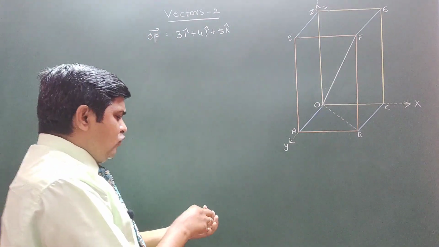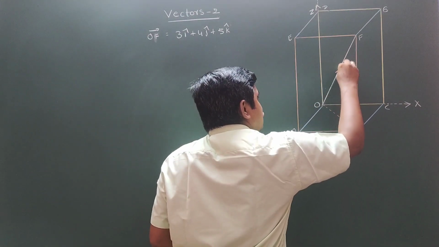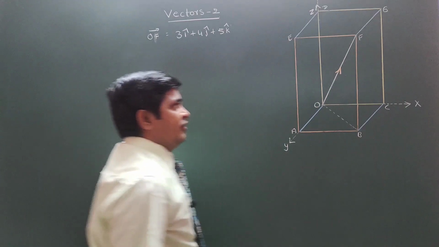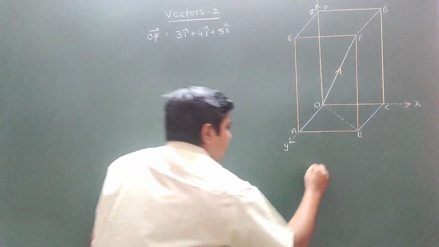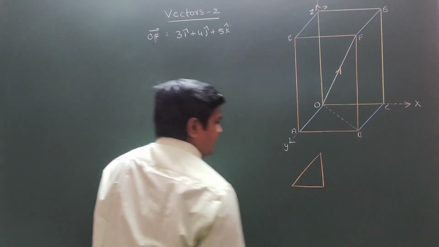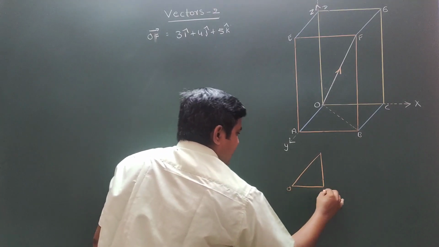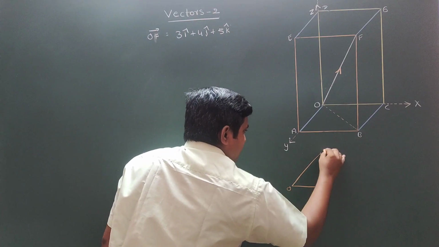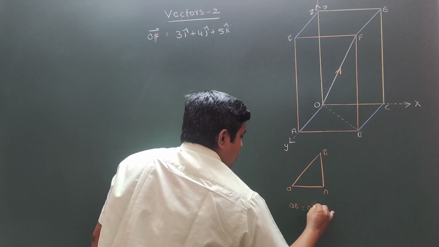What is the meaning of OF bar? Take O to F. This is OF bar. Now that OF bar is nothing but, from the Pythagoras theorem, what is the hypotenuse? Suppose you take triangle OAB, what can you write?